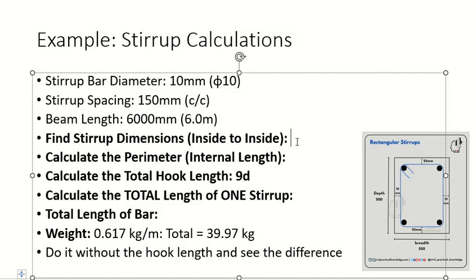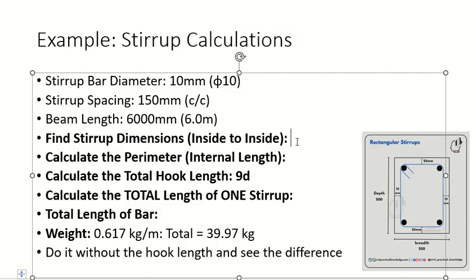So in order to calculate the inside length of the stirrup, first of all, this total length is 250 millimeters. The normal practice is at least 25 millimeter of gap is left on each side. How much? 25. So 250, 25 from here, 25 from here.